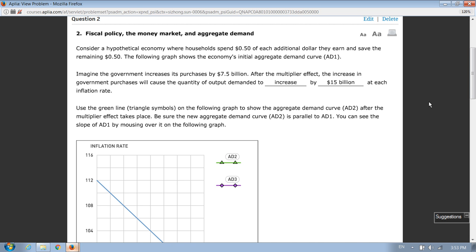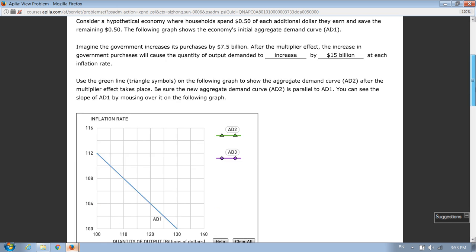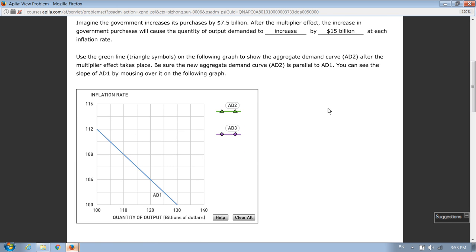Use the green line on the following graph to show the aggregate demand curve AD2. So it increased, and this curve should shift to the right by $15 billion.